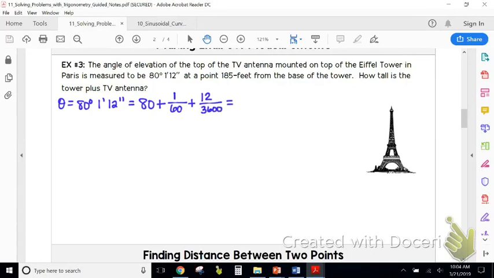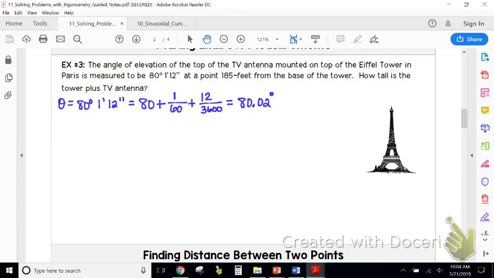And so when we figure that out, we're going to end up with approximately 80.02 degrees. So there's the angle we're going to use.